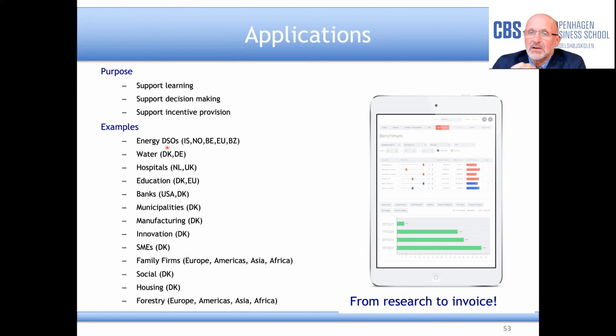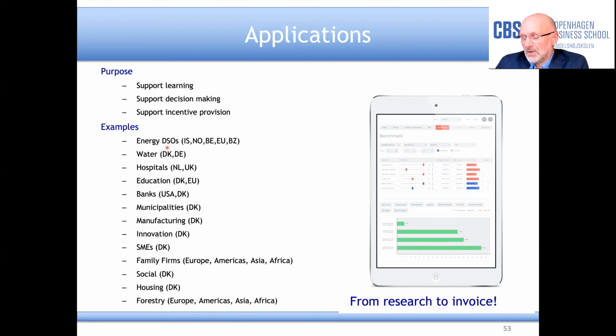What I want to focus on here is how we can use benchmarking not only to get an efficiency score of different companies and rank them, but to support learning inside these companies, to support decision-making inside these companies, and to support incentive provision inside these companies, or incentive provision for these companies by their shareholders, a regulator, or an authority of sorts.